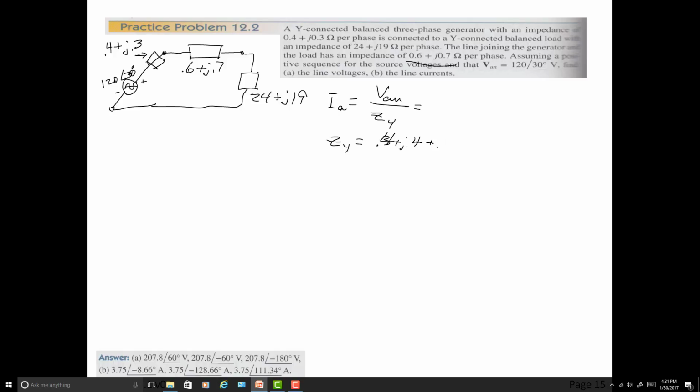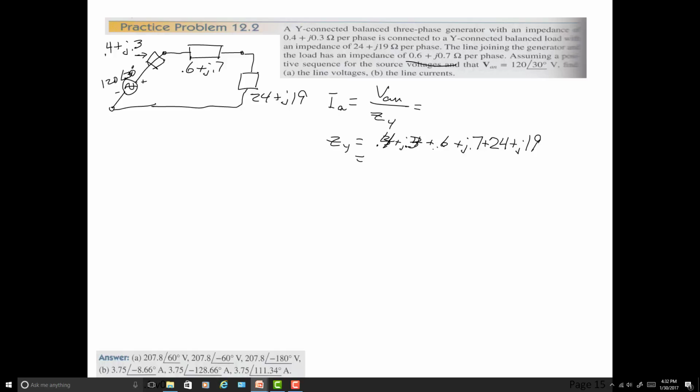This is 0.4 and this is J0.3, plus 0.6 plus J.7 plus our actual load, the big guy, 24 plus J19.